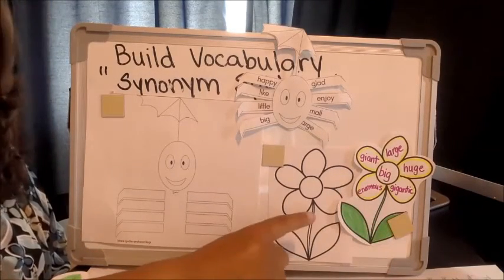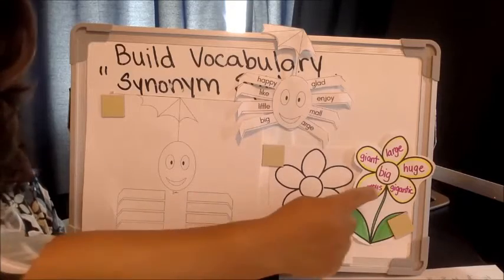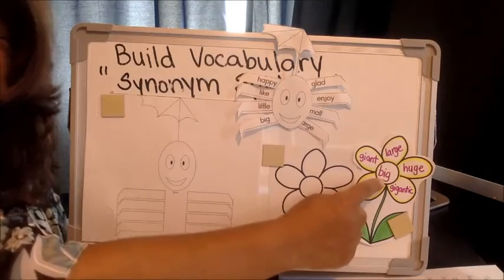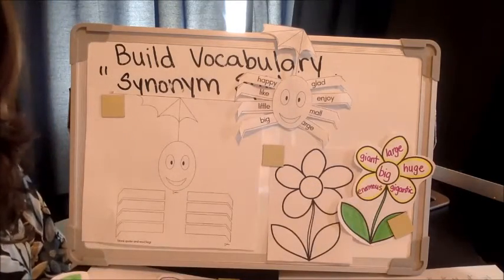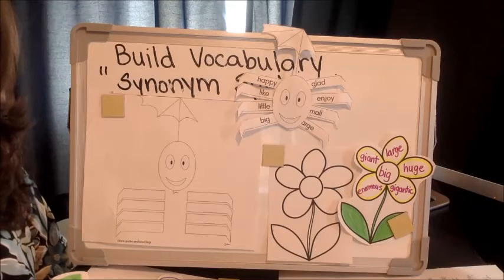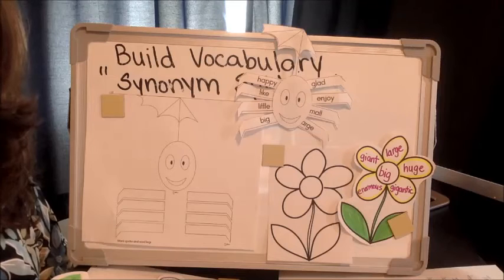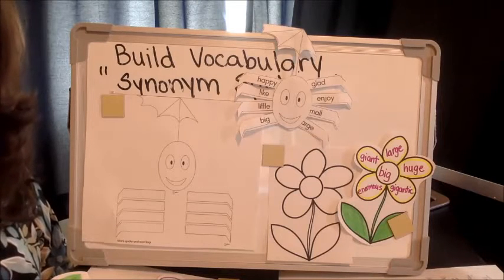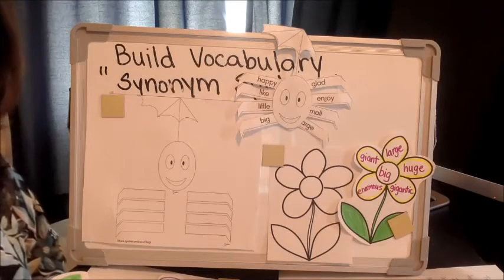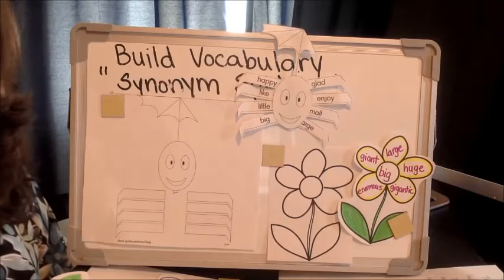Again, can be printed or easily drawn. And you put the very basic word in the center, and then you become a word detective and you look for other ways to say that same word but in a little bit of a fancier or more complex way, so that we're increasing their vocabulary.